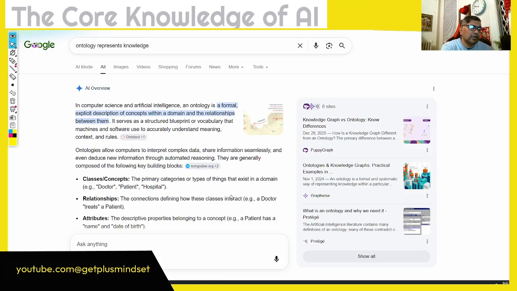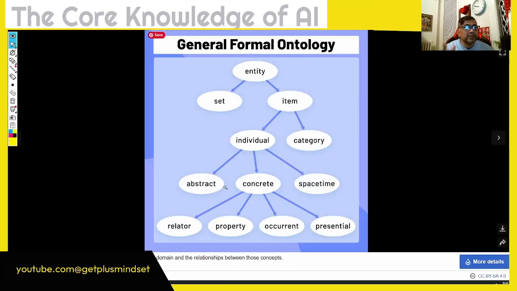When we are talking about one particular domain, we are actually picking up some vocabularies related to this domain. Then there is a relationship between all those specific words and concepts. Doctor and patient have a relationship with a symptom and a disease. There are also some attributes, which belong to a concept. So this ontology is useful when it is representing a tree structure.